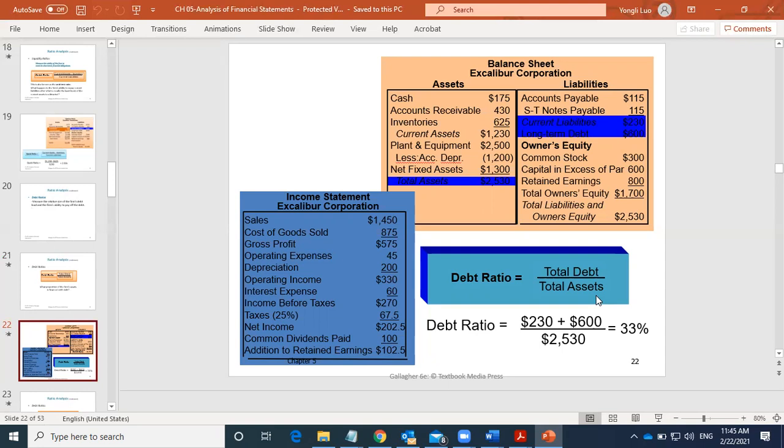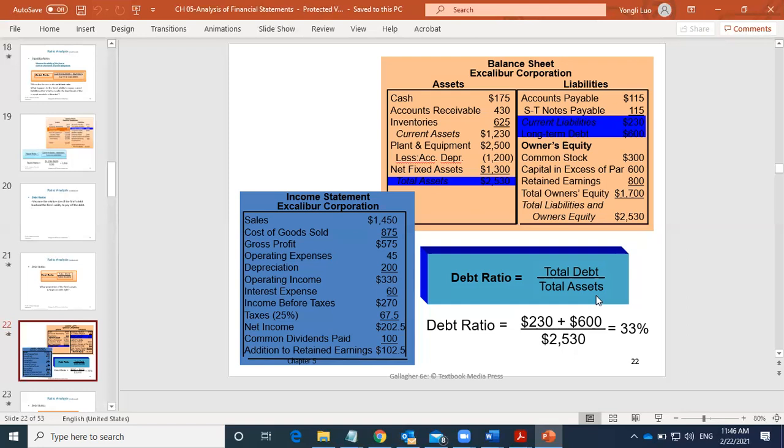In the CFA, debt does not include accounts payable and accruals, which are non-interest-bearing liabilities. Strictly, only those debts that pay interest count towards debt.